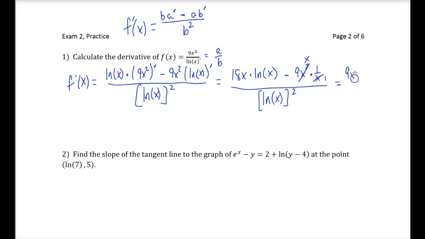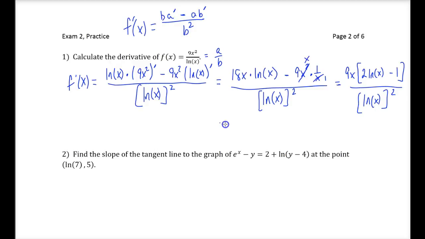So I'll go ahead and factor that out. What we have left is just 2 times natural log of x here, minus 1, and then that over natural log of x quantity squared. And that's pretty much all we can do with that.